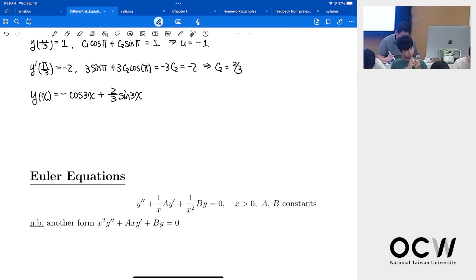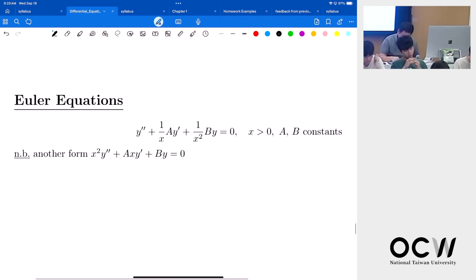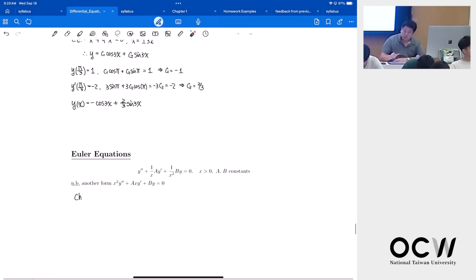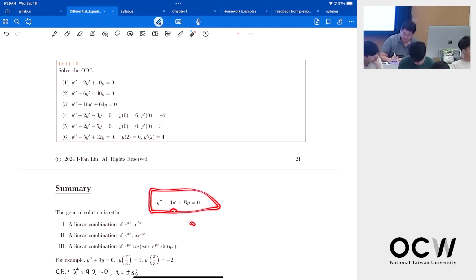If you see this format, then we need a change of variables, because even though these coefficients are constants, I still have the variable x here. I want to get rid of these variables, because so far we just learned that if I have a constant coefficient differential equation, my answers are one of these three types.